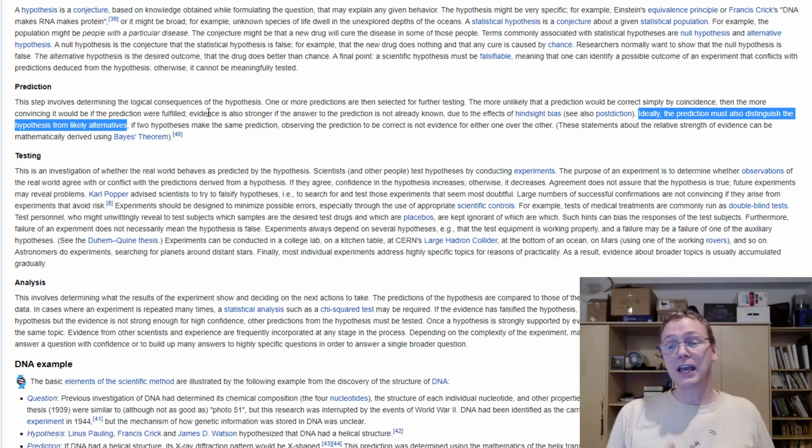The problem with the Eggsperiment is that the prediction that adding salt to water causes the egg to rise does not distinguish the hypothesis from the likely alternative. The hypothesis in this case is that there's something called relative density disequilibrium, and that caused the egg to rise.